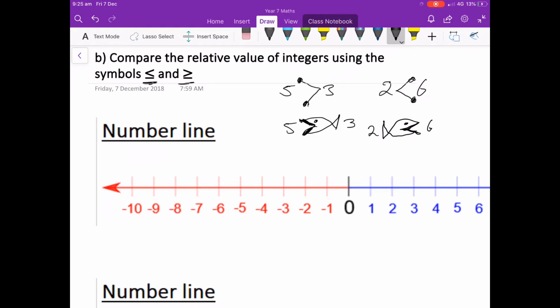When we're comparing integers, using number lines is quite easy as well. So we might be asked to compare -2 and 6, which is greater? Now, when you use a number line, if you're going to the right on a number line, it means the number is greater.